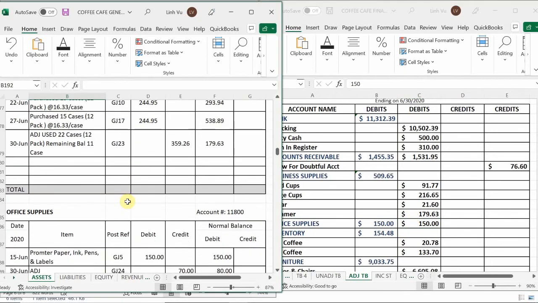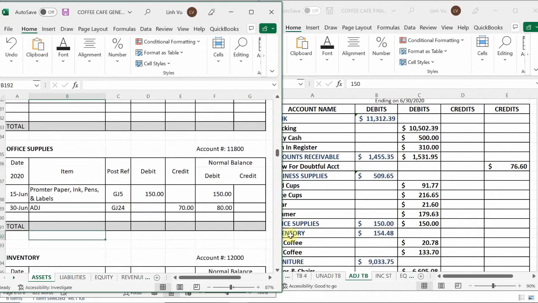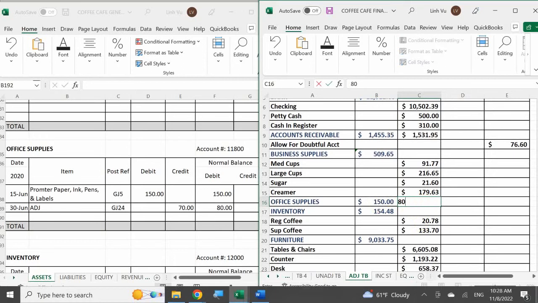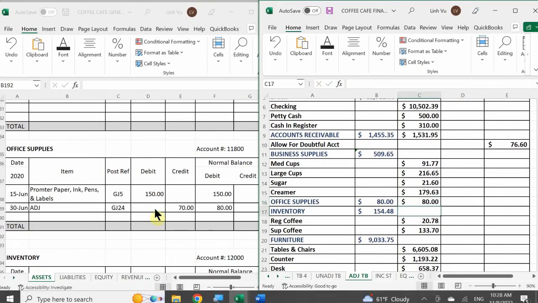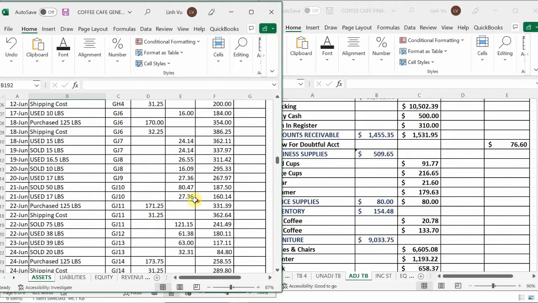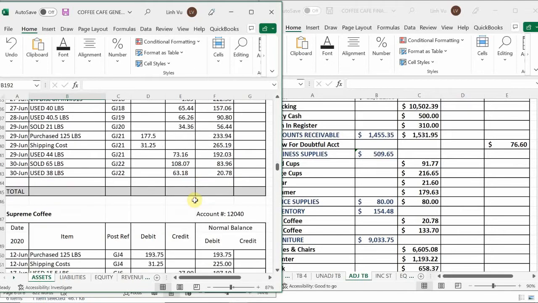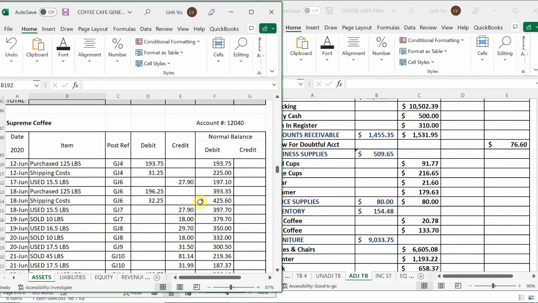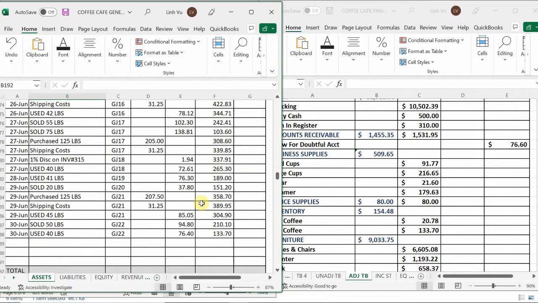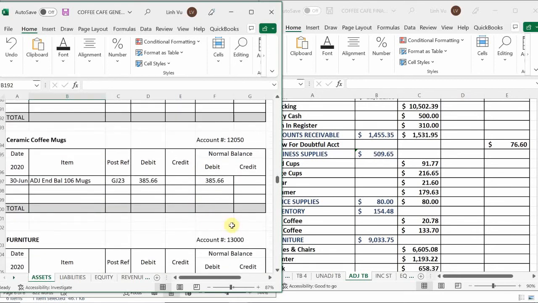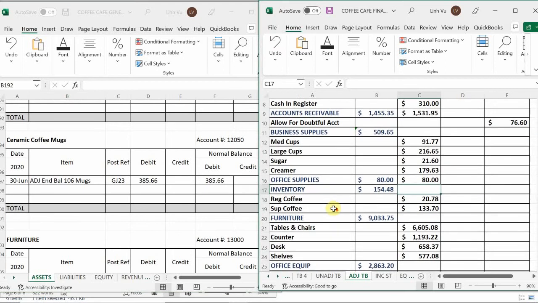Next is office supplies. We just adjusted my office supplies, so I should have $80 left now. Okay. Next is inventory. My regular coffee is still at $20.78. My Supreme coffee is at $133.70. However, I have a new addition to my inventory.